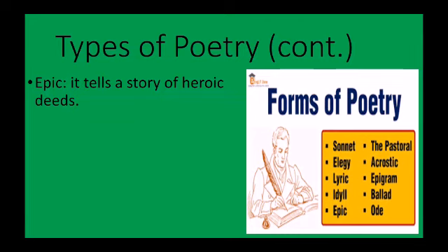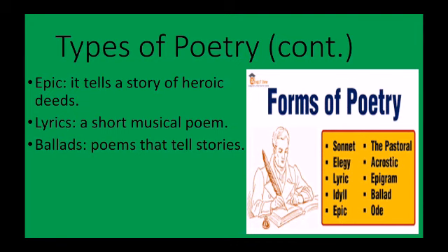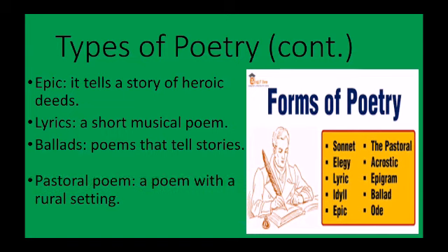When you write a poem in praise of such a person, such a poem is called epic. We also have lyrics. It's a short musical poem. Also, we have ballads. Ballads are poems that tell stories. They are poems that are usually sung to tell stories.